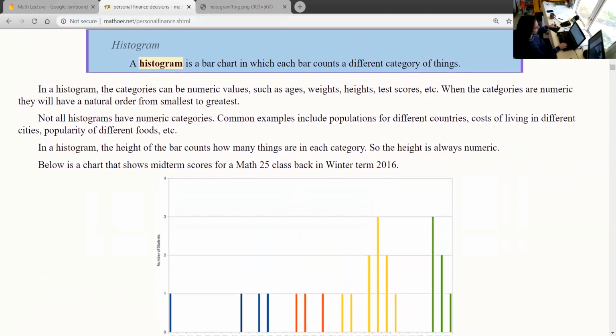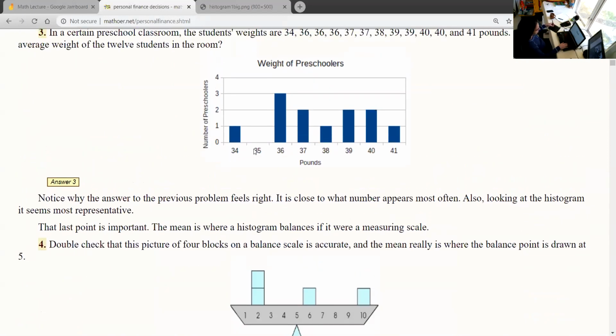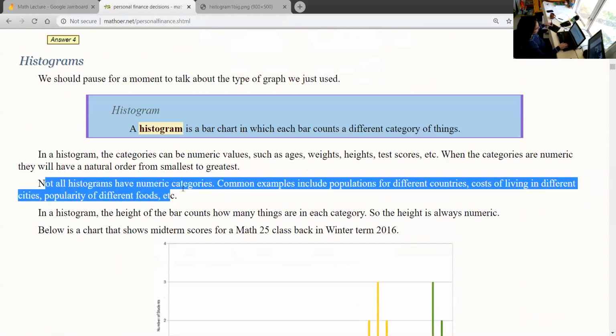When the categories are numeric, they will have a natural order. It would be a bad histogram if these numbers on the bottom weren't increasing like a number line. If we decided to put the 41 over here and the 34 over here and the 37 at the far right, that would be very strange. On the other hand, not all histograms have numeric categories.